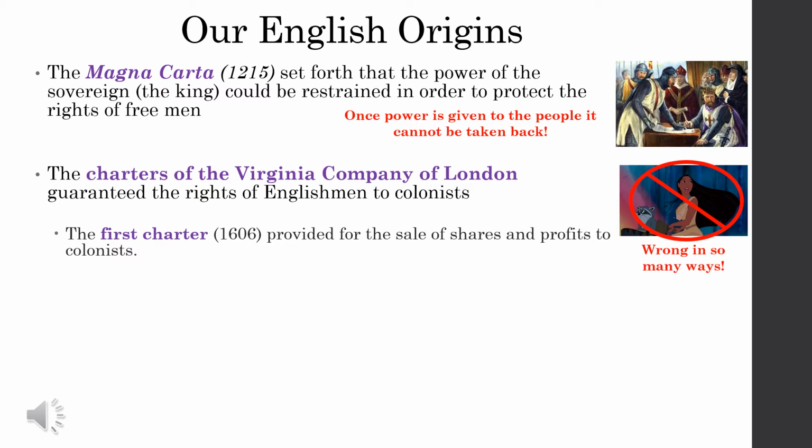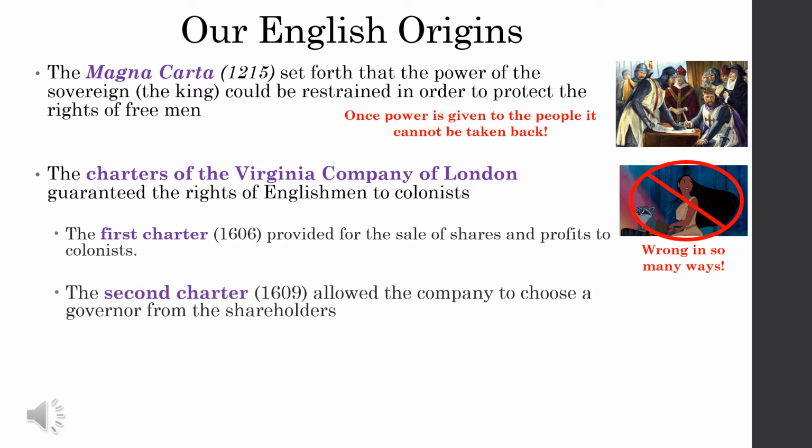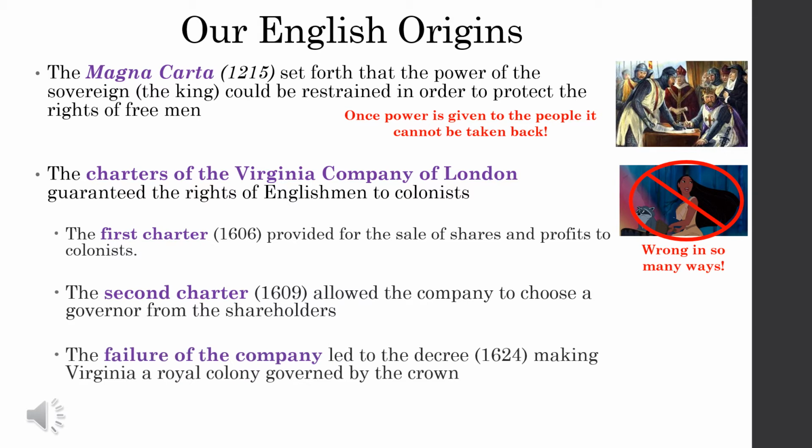And then we signed a second charter, which allowed the company to choose a governor from its shareholders. No longer would the King of England assign a governor to run the Jamestown colony, but the people living there would pick their own man, and that is the very beginning of representative democracy in North America. Unfortunately, Jamestown didn't do so great, but the failure of the company led to a decree in 1624, making Virginia a royal colony governed by the crown.